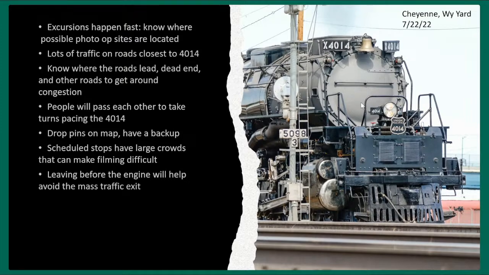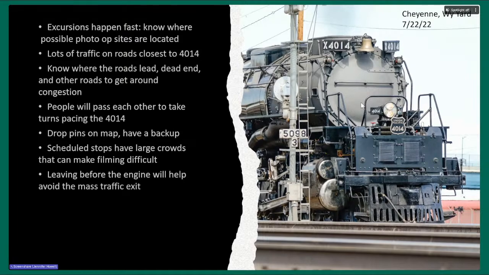It's good to know what roads will be traveling around the railroad to give you easy access. So make sure you're familiar with that beforehand. Use Google Maps or whatever mapping service you happen to like. All of that is good to have, so you're not sitting there pulled over on the side of the road looking at your map for half an hour and miss a bunch of really cool opportunities to go do some photos.